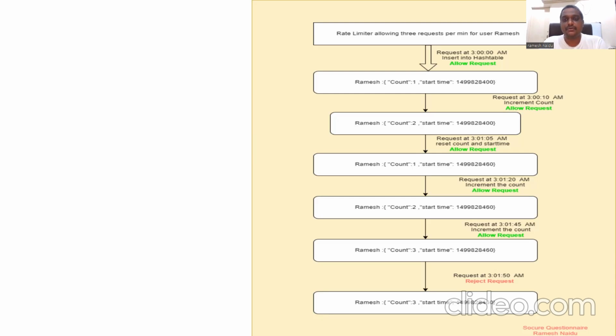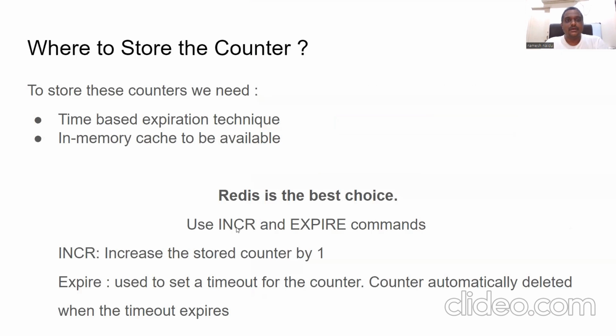So here, what I'm trying to say is the counter is quite important for the entire logic. So where do we store this counter? We need to think of a place where I can use time-based expiration techniques, and we have in-memory cache available.